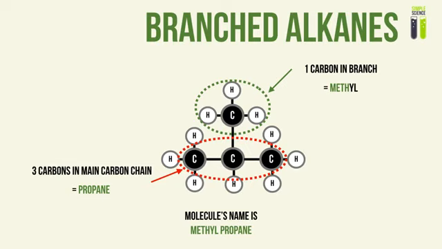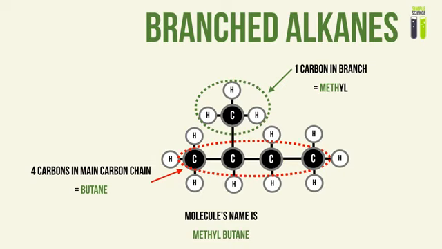If we combine the name of the branch and the name of the main carbon chain, we get the name of the whole molecule: methyl propane, where methyl represents the branch of 1 carbon atom and propane represents the main carbon chain surrounded by hydrogen atoms. So we end up with a molecule called methyl propane.